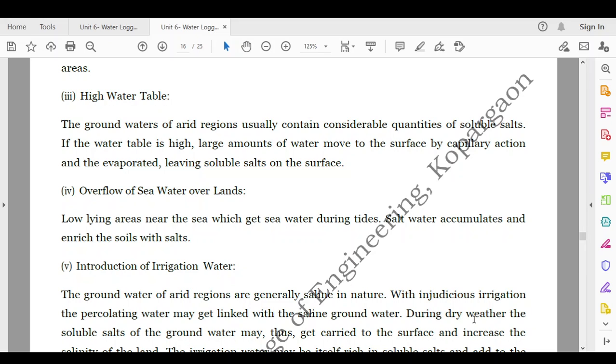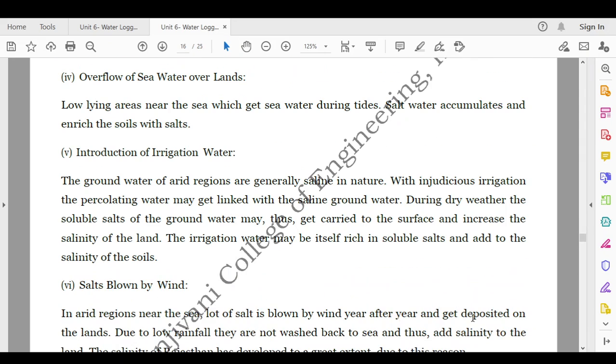Next cause is overflow of seawater over lands. Low-lying areas near the sea which get seawater during tides accumulate salt water and the soils get enriched with salts. Then, introduction of irrigation water. The groundwater of arid regions is generally saline in nature.